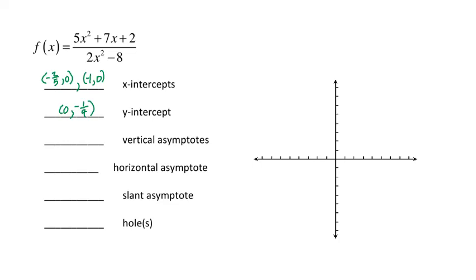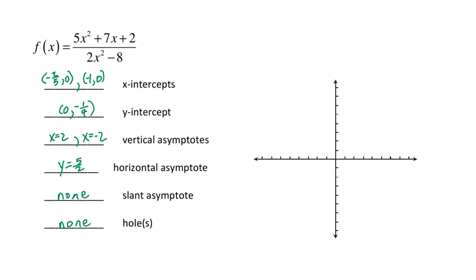Our vertical asymptotes were x equals 2 and x equals negative 2. Our horizontal asymptote was y equals 5/2. We did not have a slant asymptote and we had no holes.